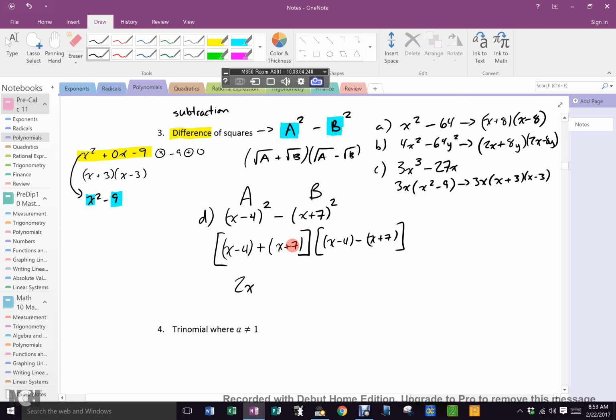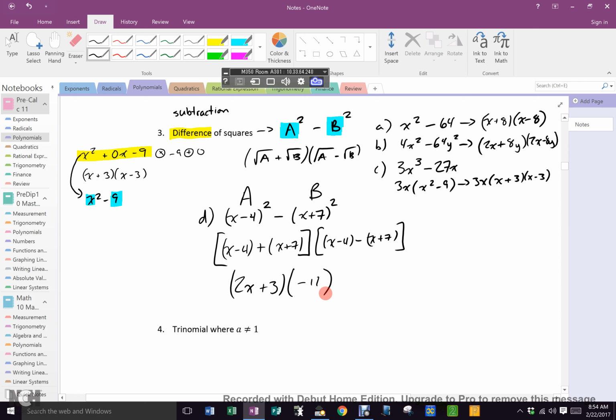Negative 4 plus 7 is what? Plus 3. x minus x is what? It's not a trick question. x minus x is 0. Negative 4 minus 7 is negative 11.